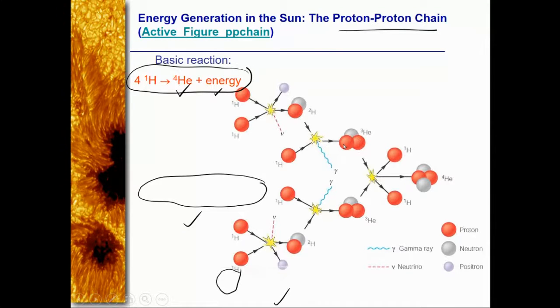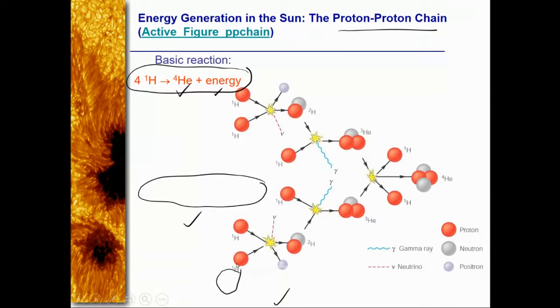Here I have 2 protons, and 2 protons tell me that this is helium. But it's an isotope of helium. It is helium-3. So you start with 2 hydrogen atoms, and you end up getting helium-3 here.